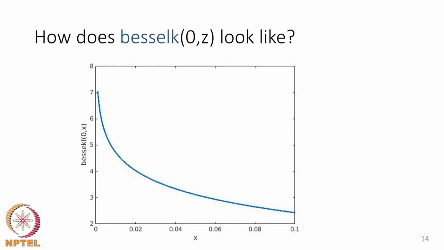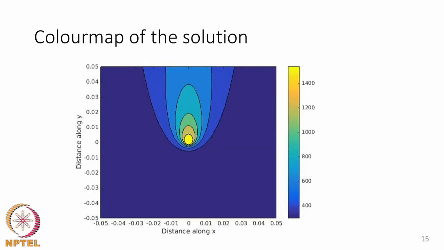And the nature of the variation of Bessel's function of a 0th order second kind is shown here. It is also basically a smoothly decaying function going from a high value at low value of the argument to a very low value at high value of the argument. And we can actually then go ahead and calculate what would be the temperature at every location in the domain away from the center of the heat source, and then depict that particular solution in the form of contours.